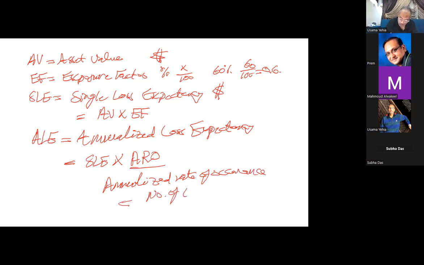Number of times over number of years. Again, some of my trainees are confused. Why are you saying number of years? You are saying annualized, when number of years equals 1. Yes, you are right. Sometimes you will find a tricky question, such as the one which I gave you right now: 3 times every 4 years.